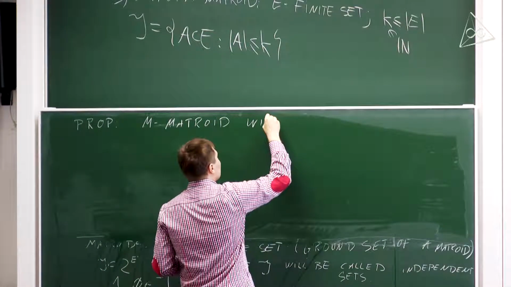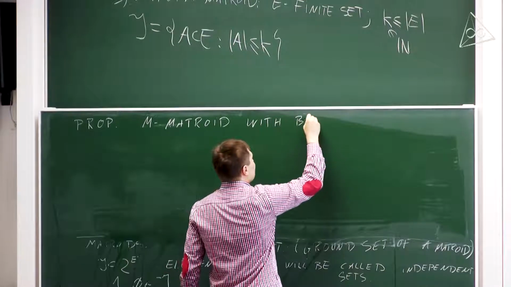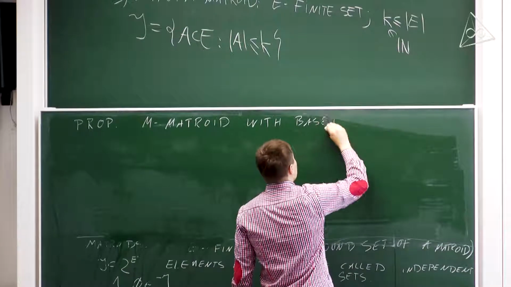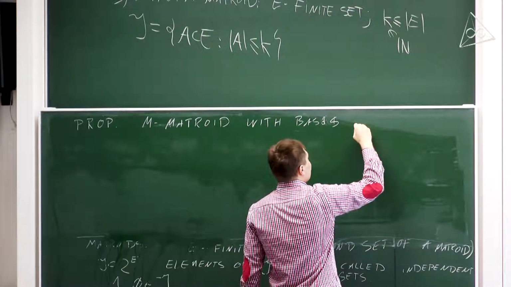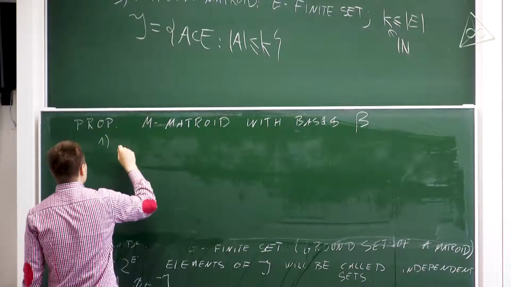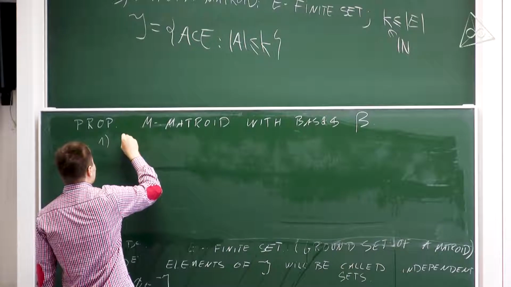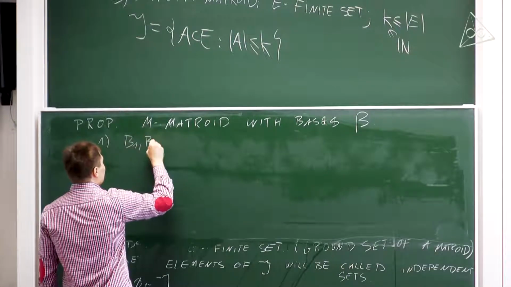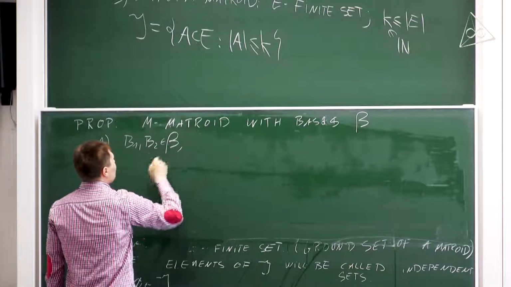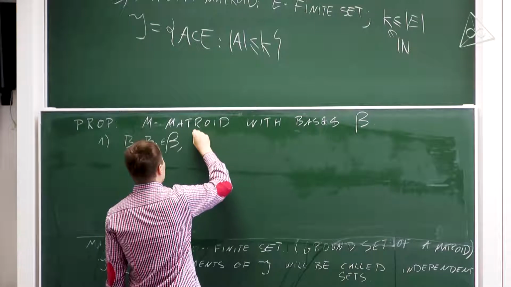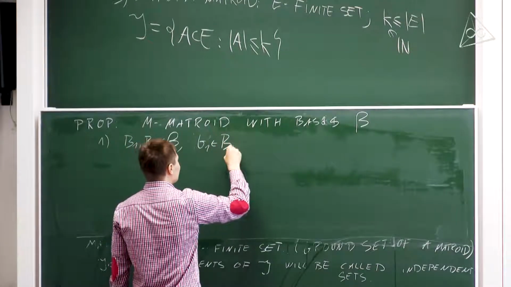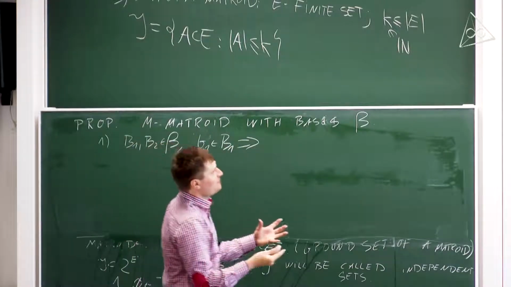With base set and with bases B. And we have the following two properties. The first one is that if we take any two bases, the assumptions are just like in there, and if we take any element of B1, but the conclusion is stronger.